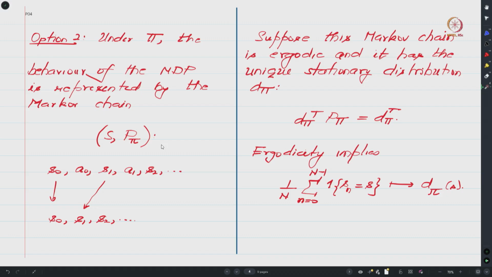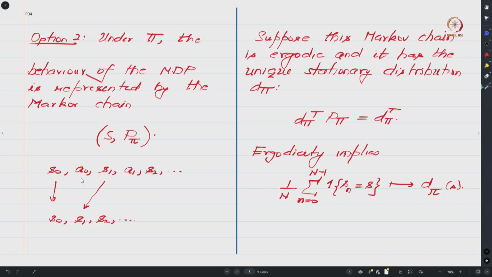Let me elaborate. In your MDP you start at a state S0, then you pick an action A0 according to this policy pi, and then you end up in state S1, which is dictated by your underlying transition kernel. Then again you pick your action A1 according to your policy pi, then you end up in S2, and so on and so forth.